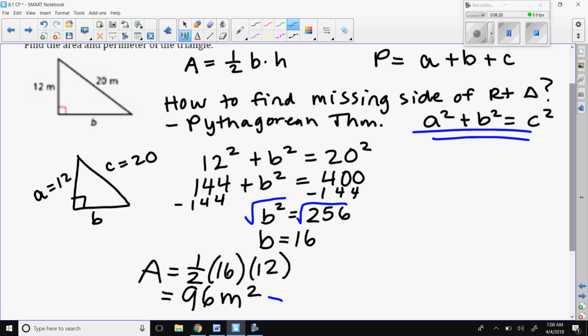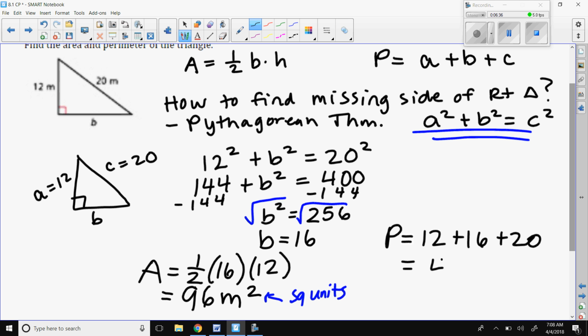This is my square units that we were talking about. You need to have those meters squared. In my other one, my perimeter, I'm going to have 12 plus 16 plus 20, and this is going to give me 48 meters. Those will be by themselves, just your meters. Okay, so area and perimeter, got those.